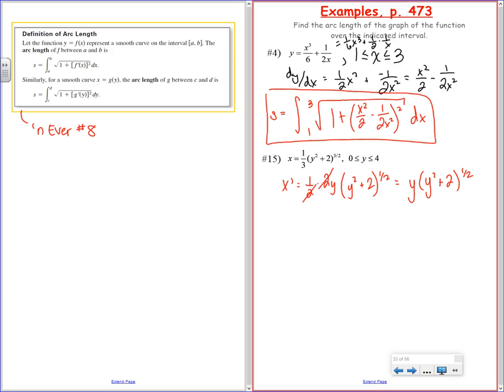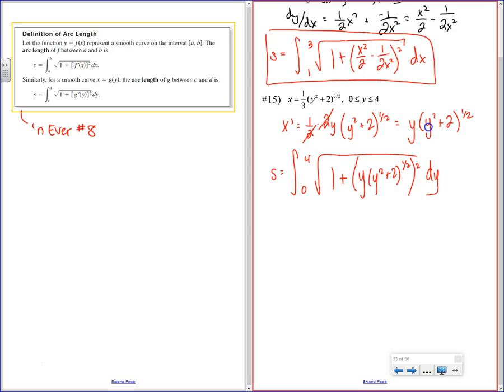So now how am I gonna set up my integral for arc length? You go from 0 to 4, the square root of 1 plus y times y squared plus 2 to the 1/2, squared, dy. Are all of these gonna be impossible to solve by hand? Kind of, maybe. Isn't a square root square just gonna cancel?